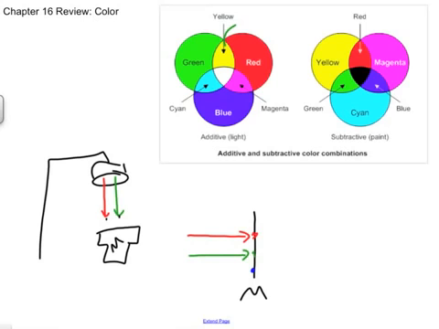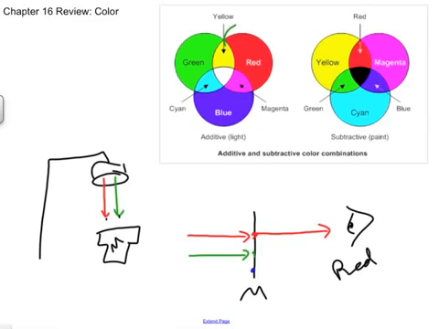Magenta blocks green. That's the only thing it blocks, though. So my red light would be able to go through here. Magenta would allow blue to go through, but again, I don't have any blue in the picture. And so red got through. It gets over here, and what do I see? I see red. Okay, so if I have a magenta t-shirt on and I'm underneath a yellow street lamp, it's going to appear to be red.